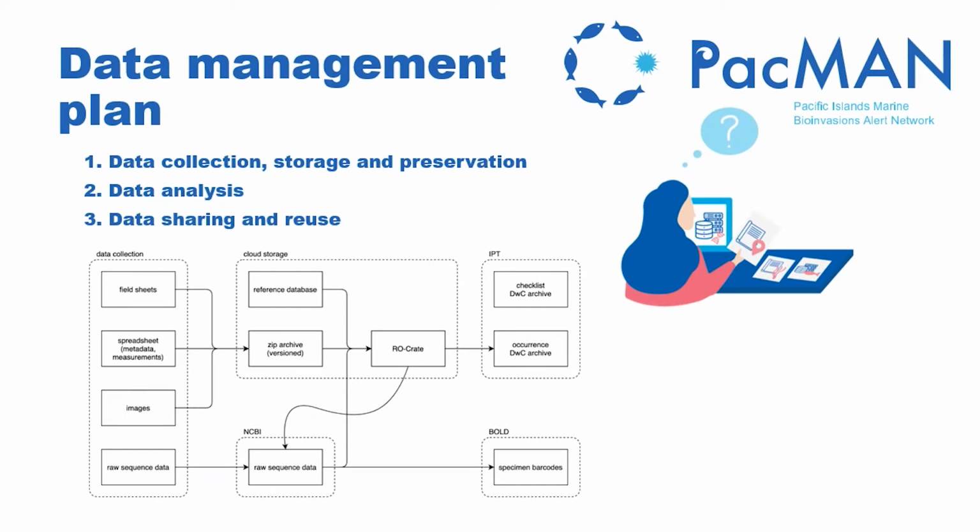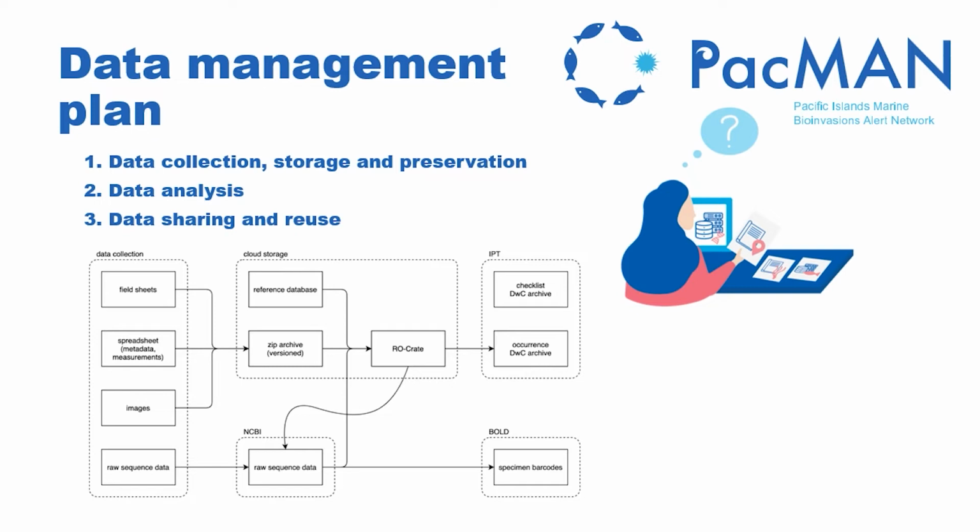So to get to these objectives, we have devised a data management plan, which has three major parts. It has the plan for data collection, storage, and preservation, a data analysis plan, as well as the plan for data sharing and reuse. In this picture, you can see all the data products that we have identified in this project, from the products that are collected, so the field and sampling information, possible images, as well as the raw sequence data, which are produced by the scientists who are doing the sampling.